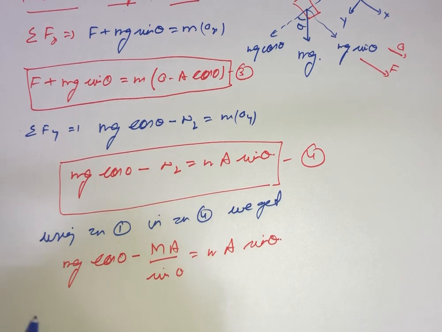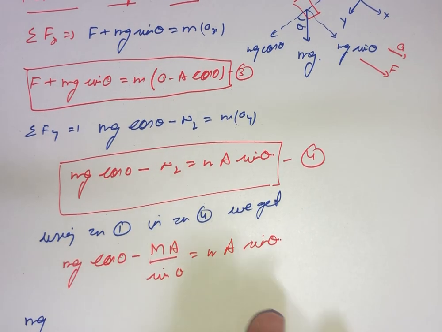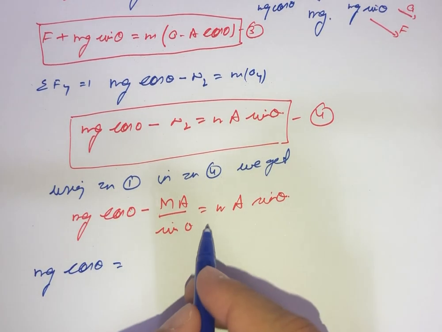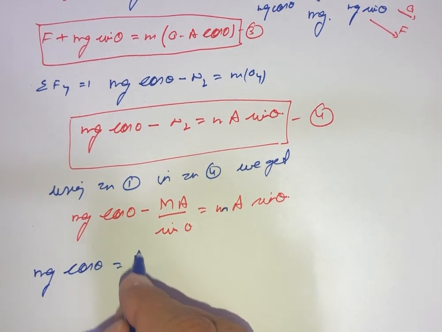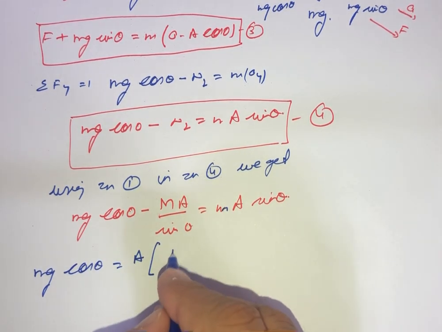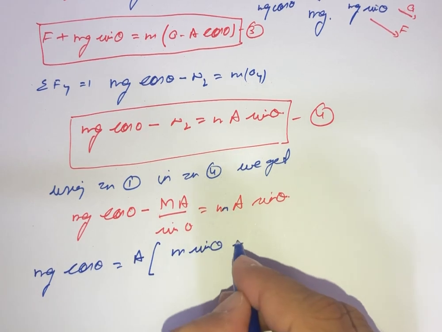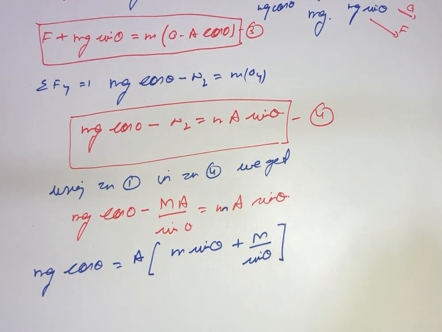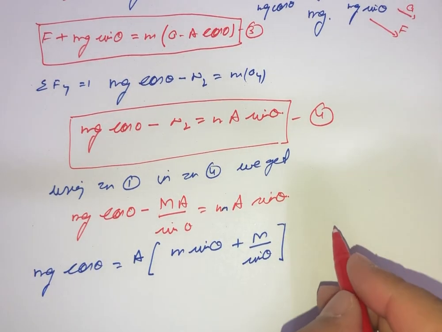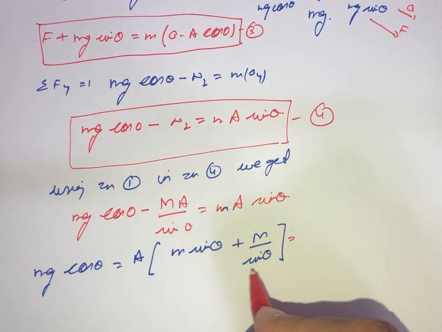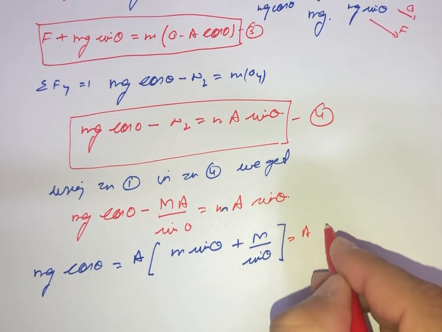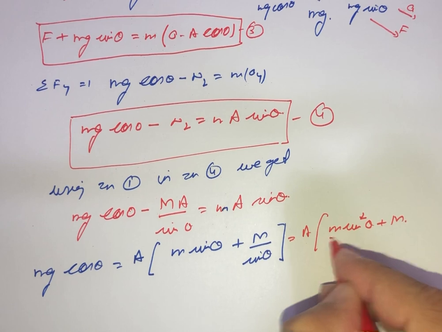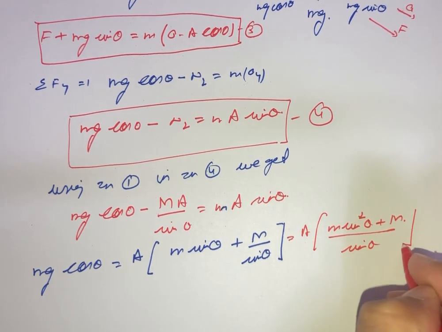This can be further solved as mg cos theta is equal to, taking a as common, a times m sine theta plus capital M over sine theta. This can be further written, taking sine theta as LCM, as m sine square theta plus capital M divided by sine theta.